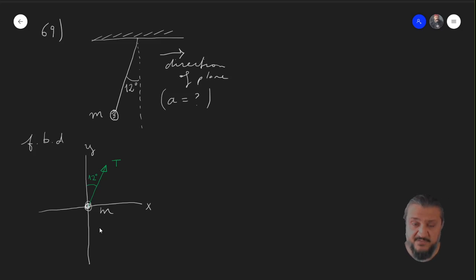So that's 12 degrees there. All right, what else do we have? We have its weight, of course, which is downward. Okay, so this vector which points downward is the weight of that object, which is simply mg.